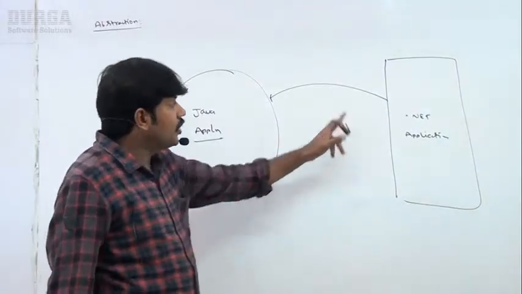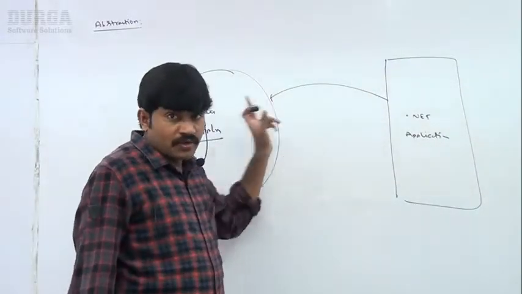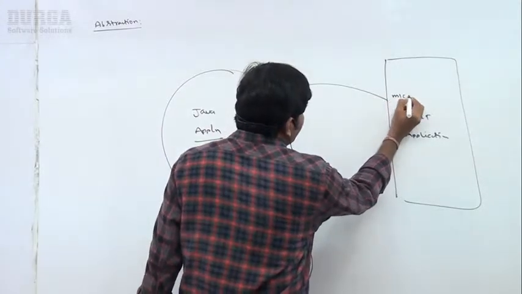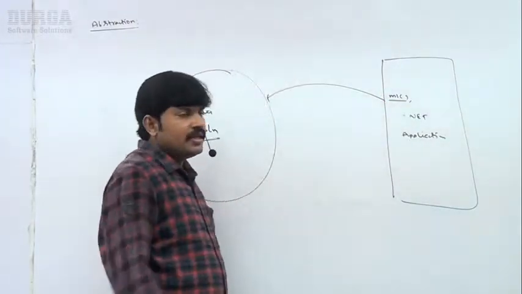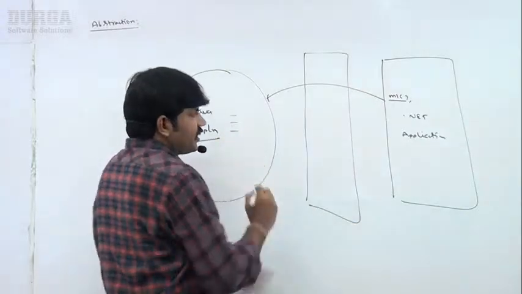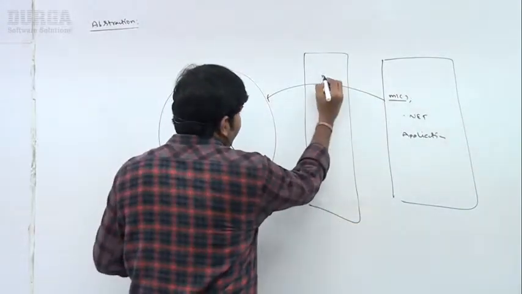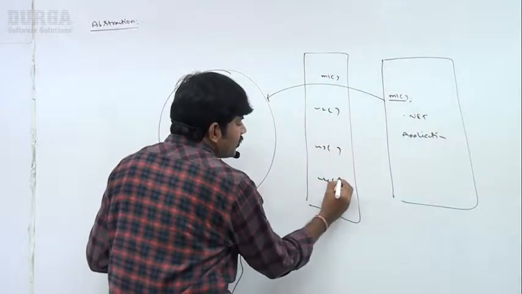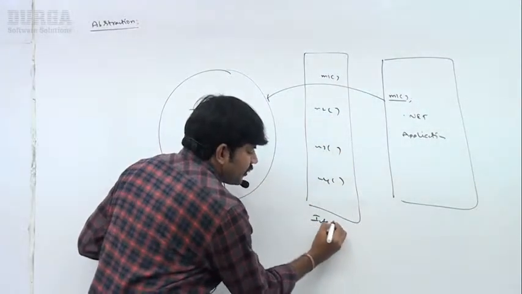If you want to call withdraw, you just have to call method M1 from your code. In the middle, I will expose all my services through some interface: M1, M2, M3, M4, something like that, it is an interface.